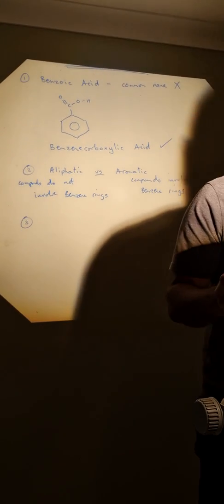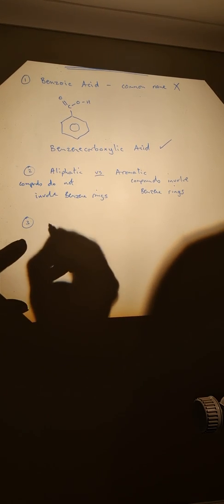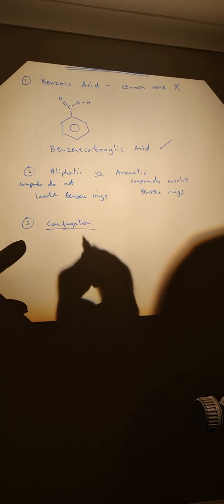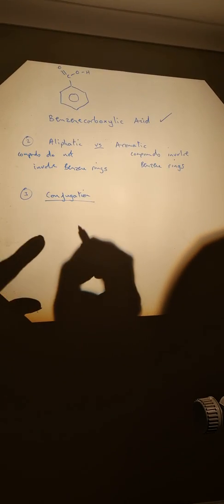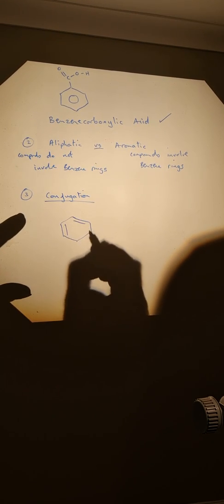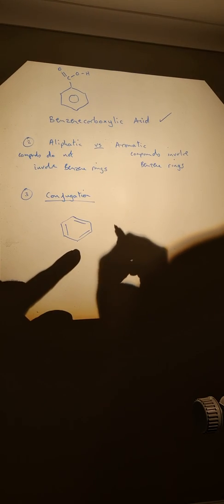Other words: if we're talking about those kind of structures, let's talk about the idea of conjugation. Conjugation. Now, we learnt in a previous lesson that you can draw benzene as a Kekulé structure.